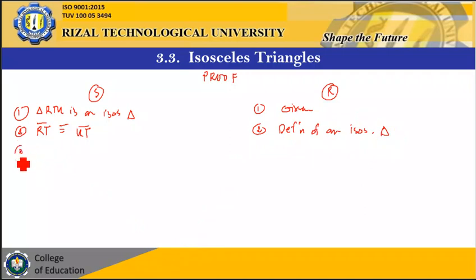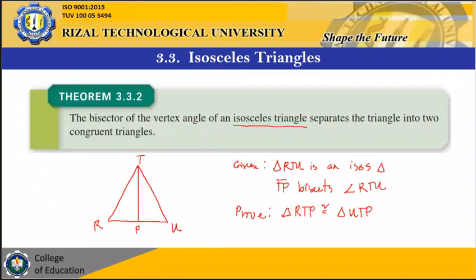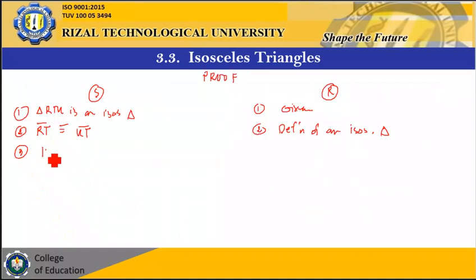Let's make use of our second given, which is TP bisects angle RTU. Okay? It should be given. And what do you know when segment TP bisects angle RTU? So TP now acts as the angle bisector of angle RTU. And we know that it divides the angle into two congruent angles.